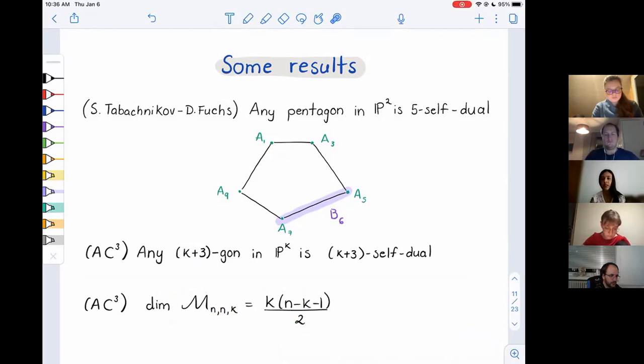Now, something that I like to do for reference is to keep in mind that the dimension of all n-gons in k-dimensional space is this. So it's kind of half of it, something like that. Here I have a -1 instead of a -2, and then over 2. So just to have a reference: not all polygons are n-self-dual. This is how many we have.